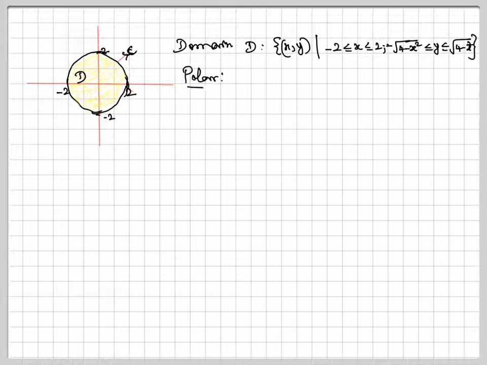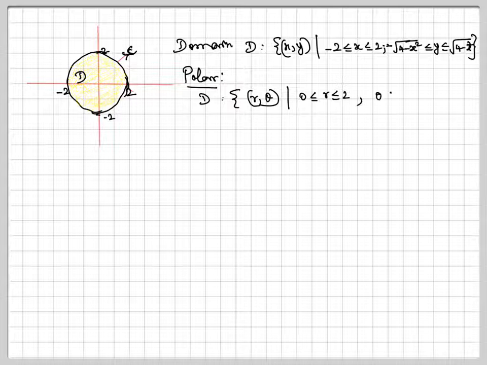But in order to use Green's theorem, it will be easier for us to use polar coordinates for the domain D, because D is bounded by the circle. So whenever the domain is a disk, the easy substitution is polar coordinates. So it's (r, theta), where r lies between 0 and 2 and theta lies between 0 and 2 pi.